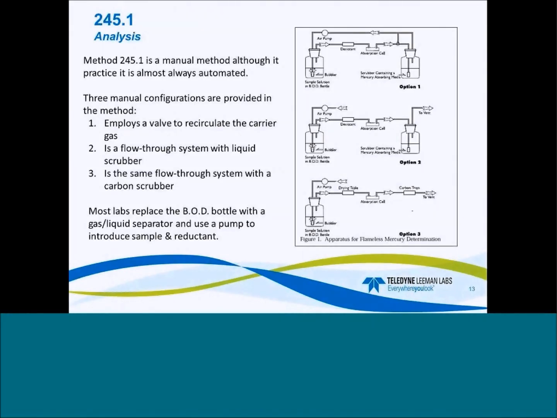When you look at the actual analysis after the digestion in method 245.1, the original method was a manual system. You can imagine that you have a solution that is your digestate, and you add stannous chloride to it, bubble through that solution, and the vapor that's produced is mercury at zero valence, and it's carried through a dryer into an absorption cell.